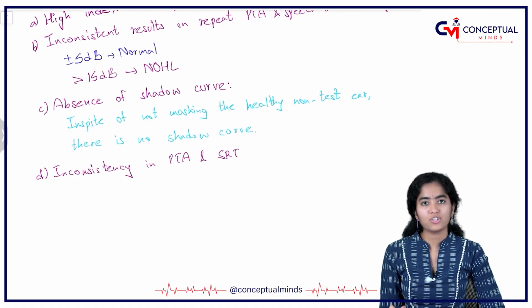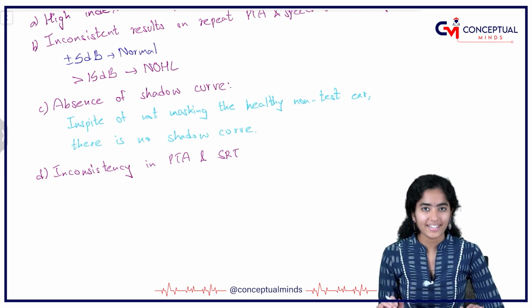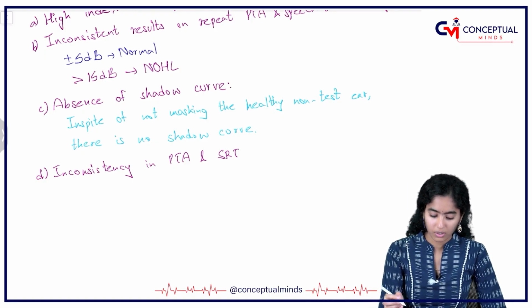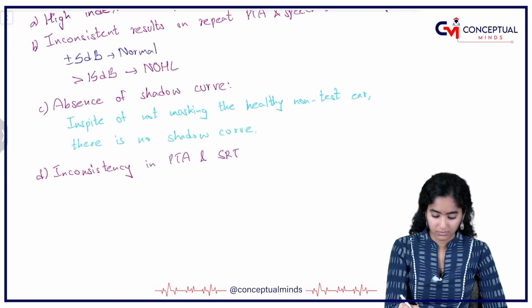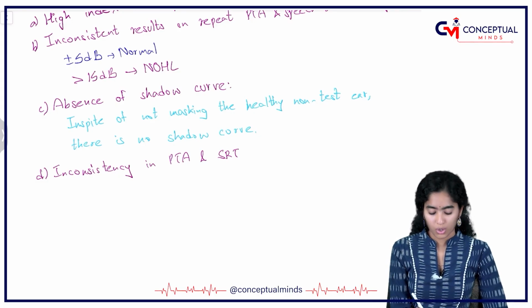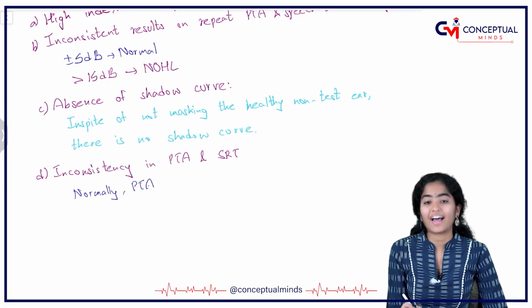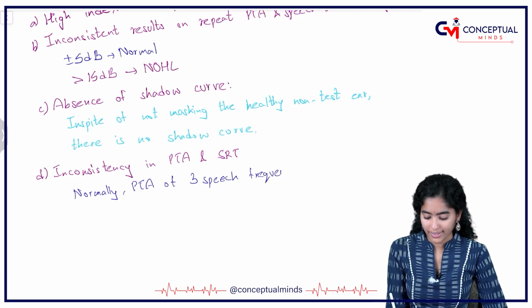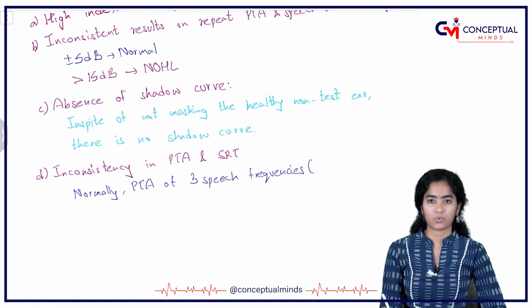Now, if at all the speech reception threshold is better than pure tone audiometry by more than 10 decibels, it indicates a non-organic hearing loss. Normally, the pure tone average of 3 speech frequencies. Pure tone average is calculated by taking the average of 3 speech frequencies, which are 500, 1000 and 2000.